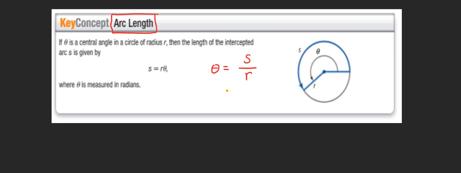So the intercepted arc, which is the arc length, when you multiply both sides by r, is going to be r theta. So that's how you find the arc length. But be careful, theta is measured in what? Radians, not in degrees. So let's take a look at some examples.